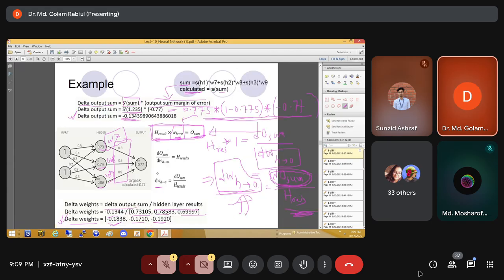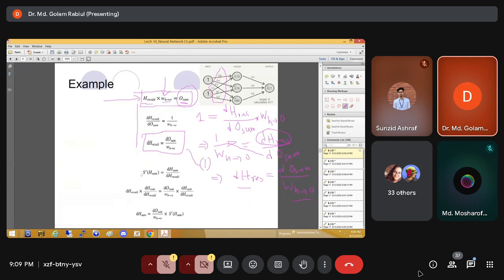So that's what we have written here: the sigmoid of the hidden sum is delta hidden sum by delta hidden results. Just instead of delta sum by delta results, this is the hidden layer, so we write delta hidden sum by delta hidden results.